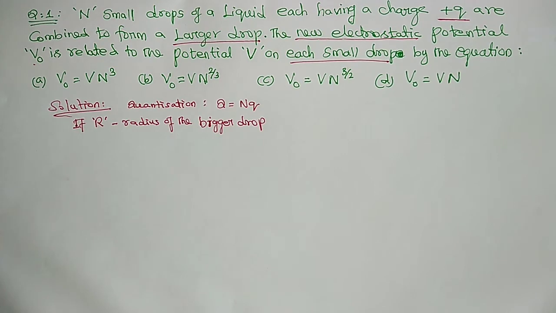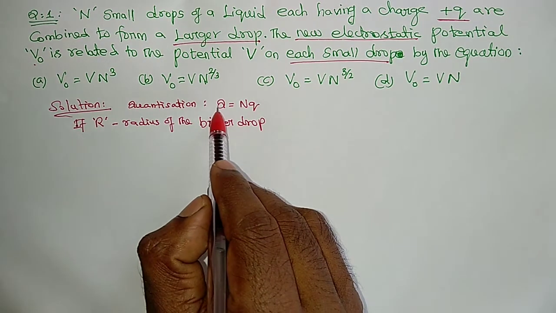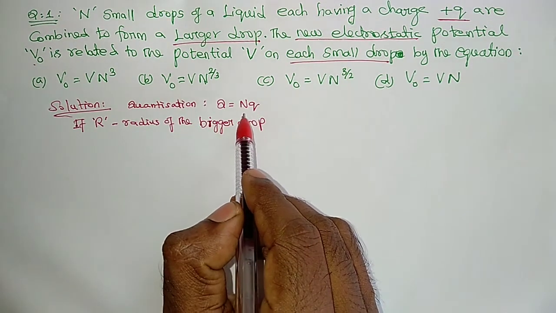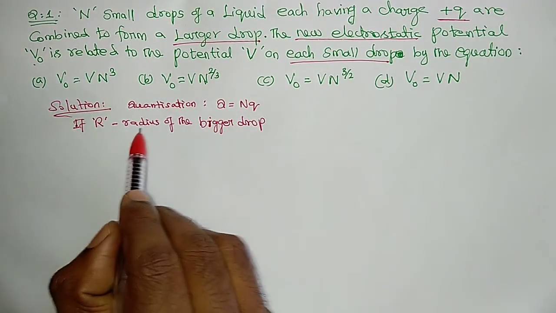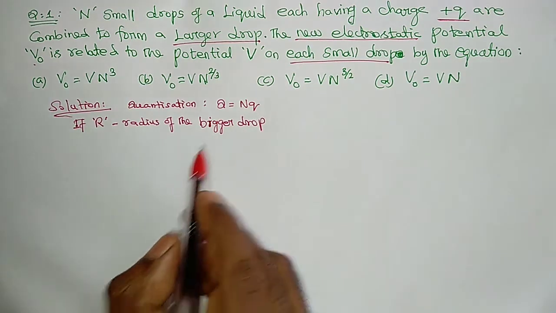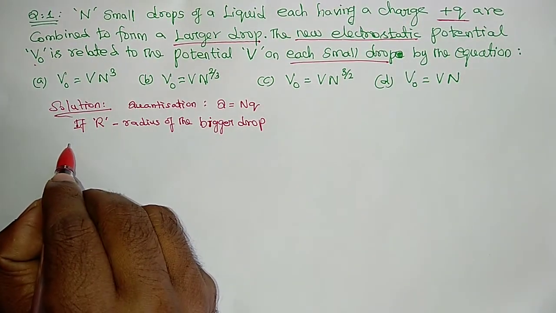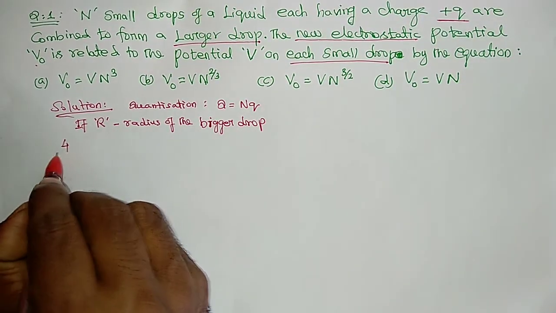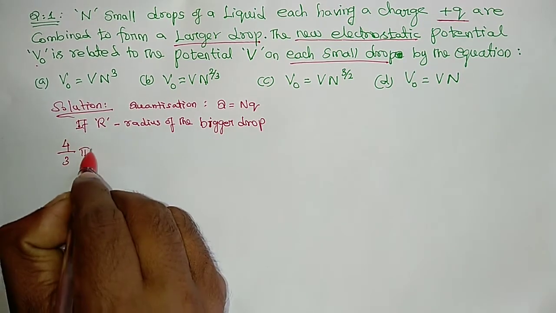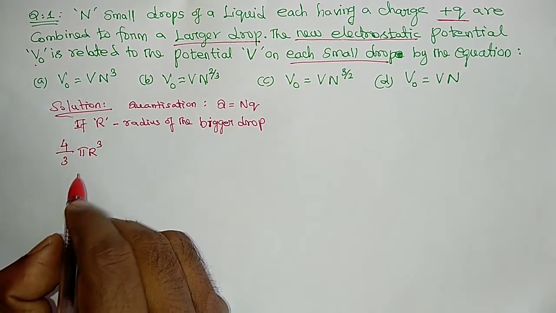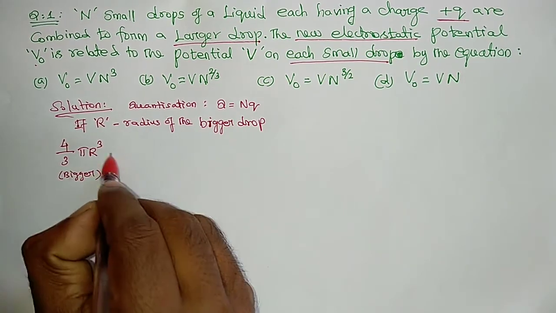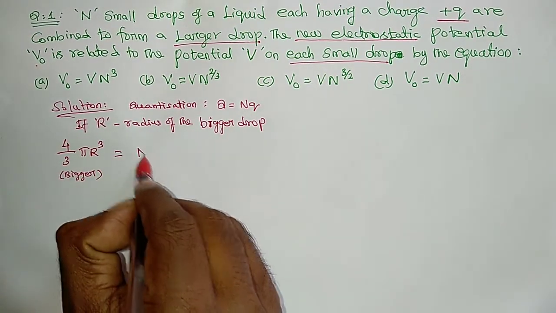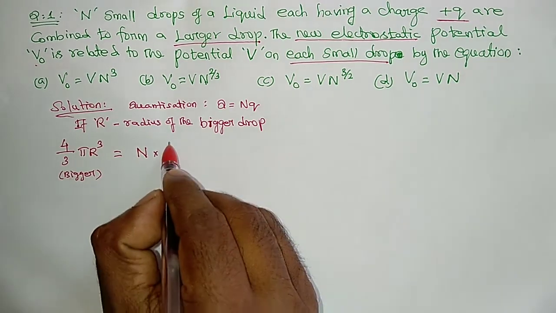According to quantization condition, Q is equal to nq, which we have already studied. Then if you consider R is the radius of the bigger drop, the volume of the drop is 4/3 pi R cube, which is equal to n times the volume of the smaller drop.